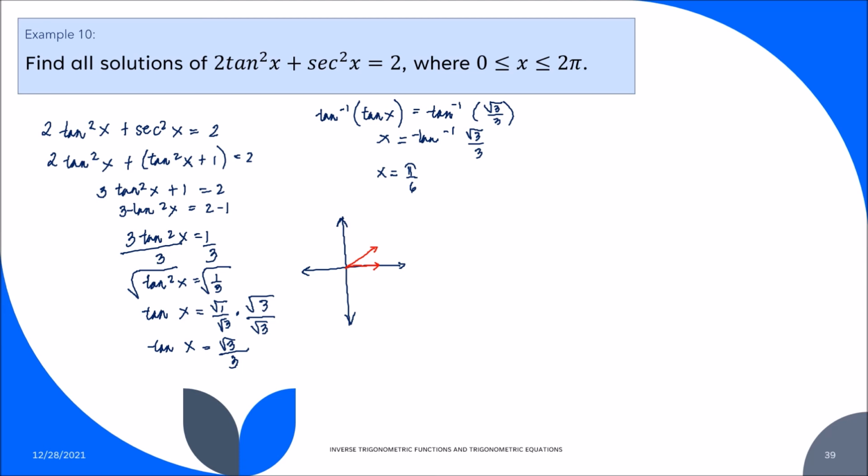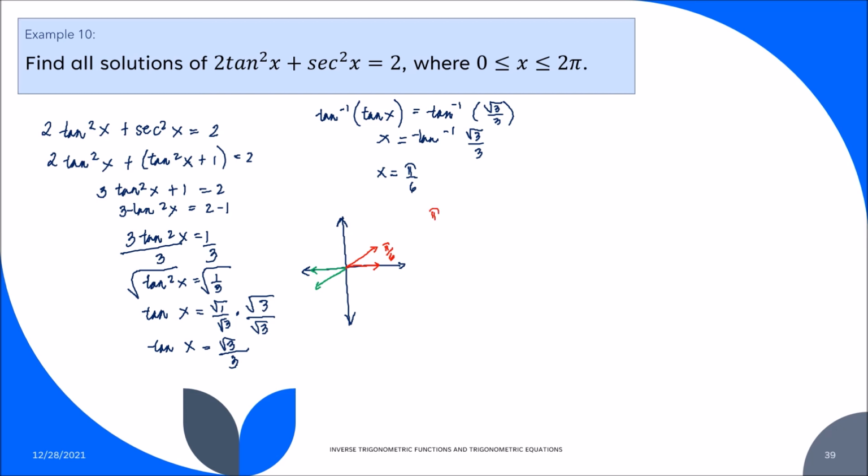Remember that we can have a positive value for tangent on the third quadrant. So if this is pi over 6, take note that we have one straight angle.